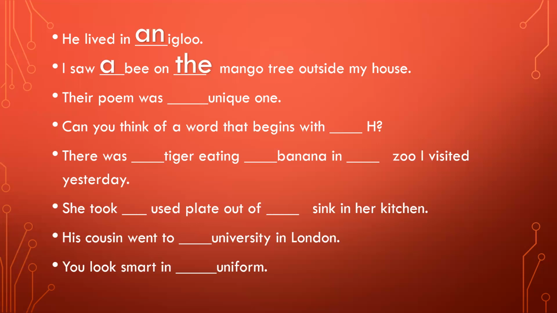Third one, their poem was a unique one because of the Y sound, the year sound. Can you think of a word that begins with a H, an H, or the H? An H. There was dash tiger eating dash banana in dash zoo I visited yesterday.